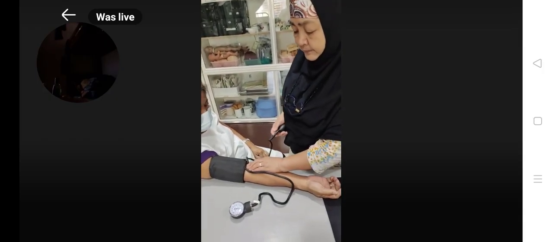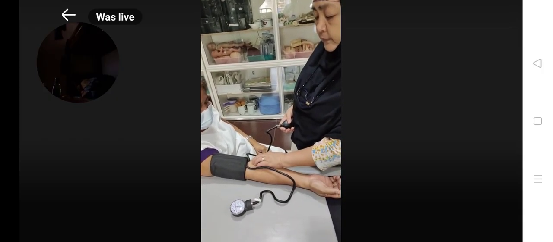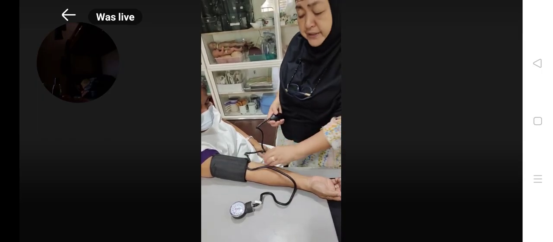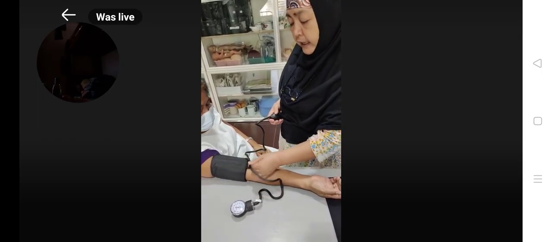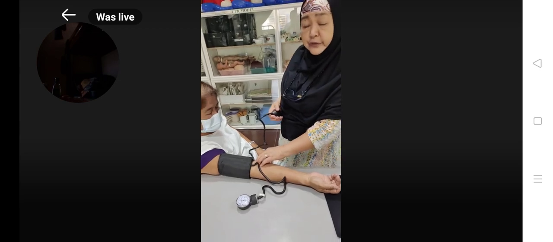Then you have to place your fingers, palpating the artery. At times, if the patient is a little bit fat, you could not palpate it well.